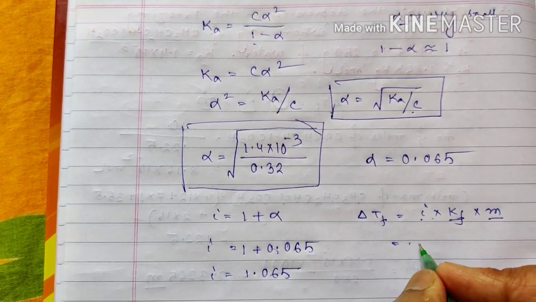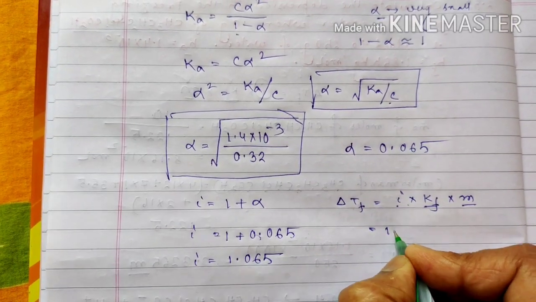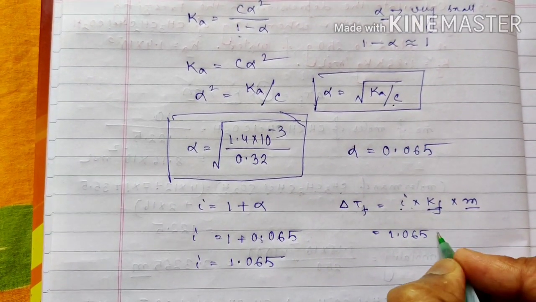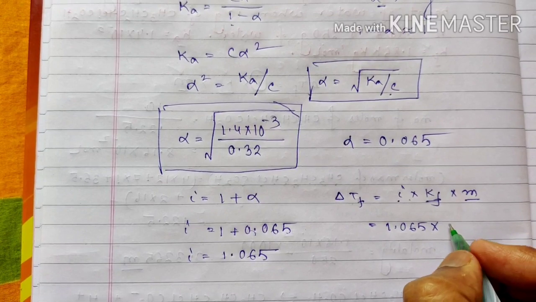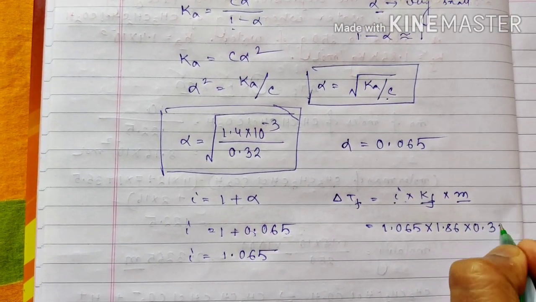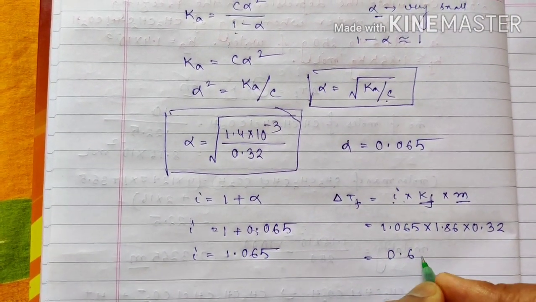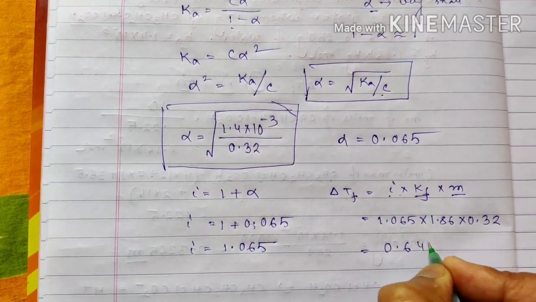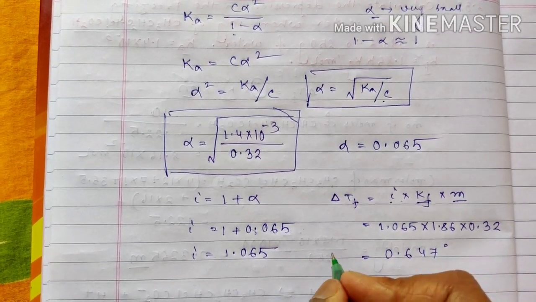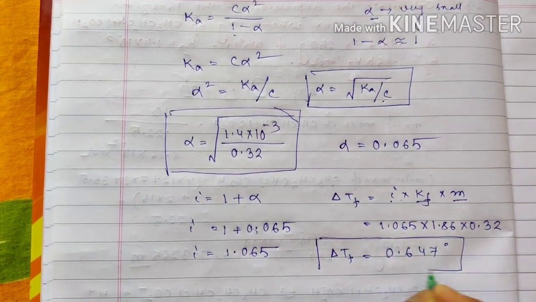Now the calculation of depression in freezing point should be 1.065 into the value of Kf, 1.86, into 0.32, that is the molality. Calculate this, you will get around 0.647 degree. So that is how we do.